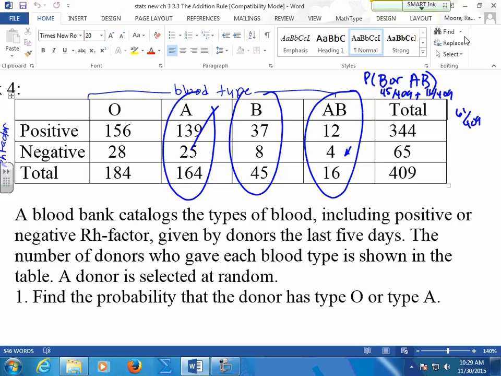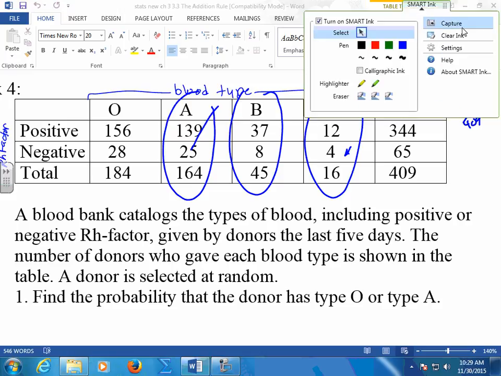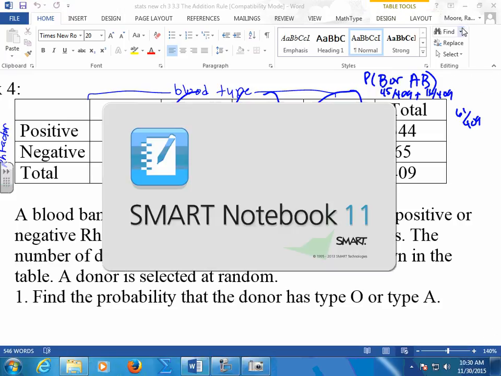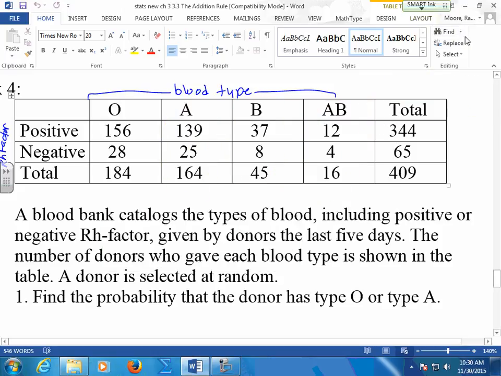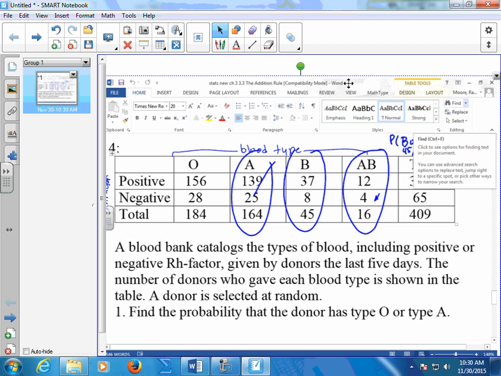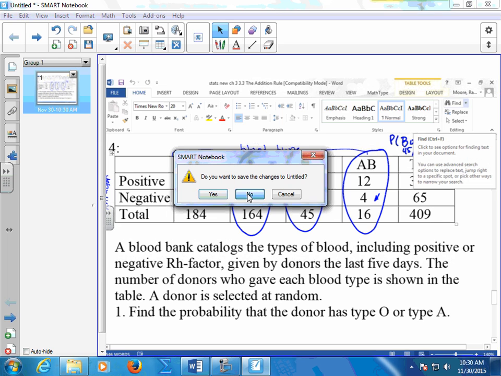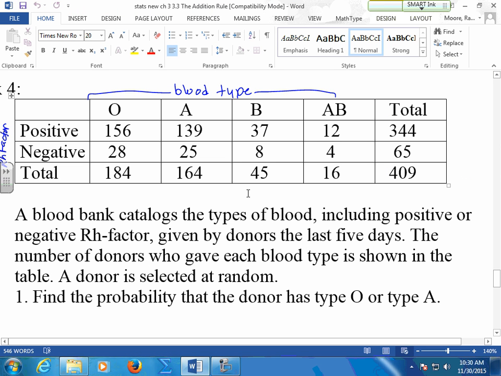And you guys do this last one. The last one says, find the probability that it's an O or Rh positive.